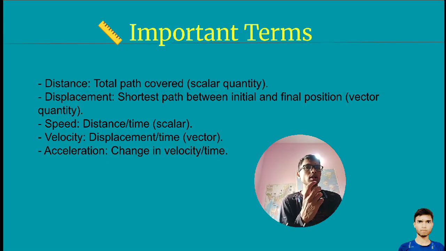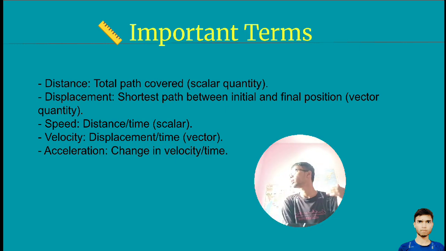Now again I would like to repeat it. Speed is also something moving. It explains the fastness of something. It will tell you magnitude only. It will not explain the direction of this moving object. That's why it is considered separately from velocity.